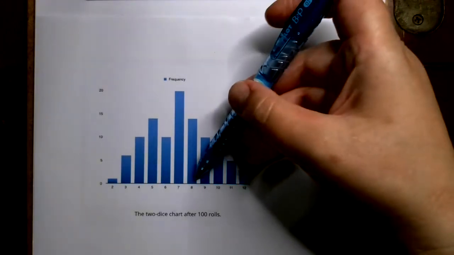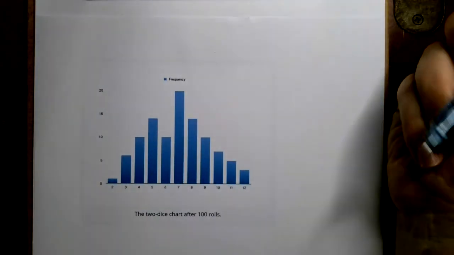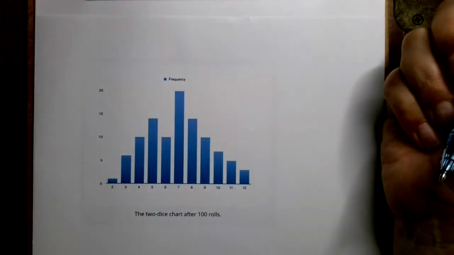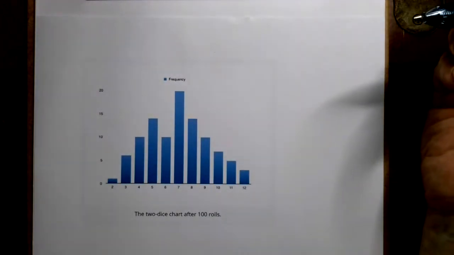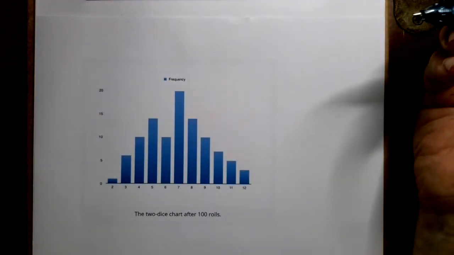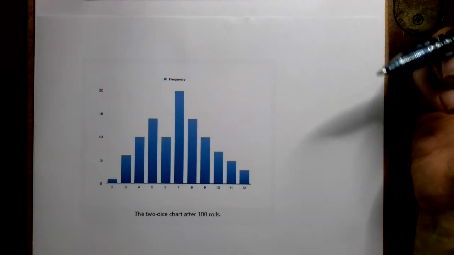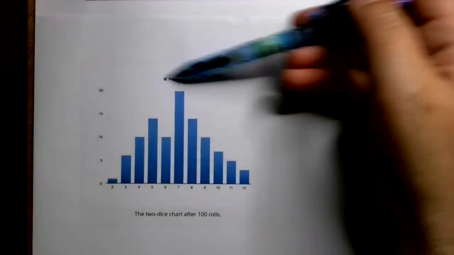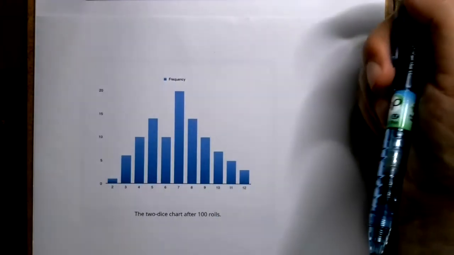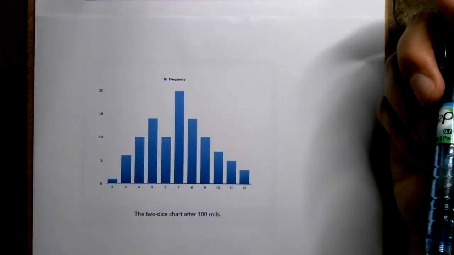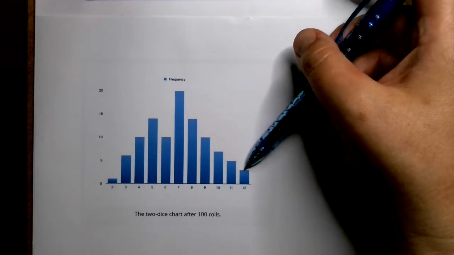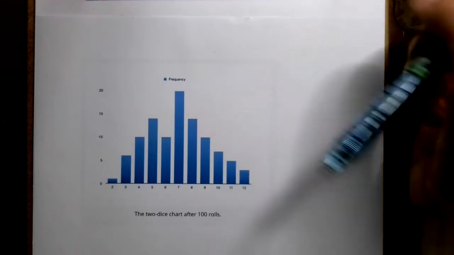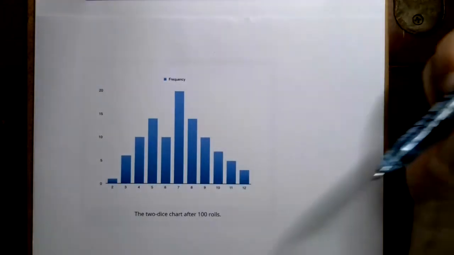What about 8 or 6? Are they also likely to happen, and how likely are they in comparison to 7? What are the least likely numbers to roll? According to this data set, it looks like 2 is the least common number. 12 follows it, but it still happened a little bit more often than 2.